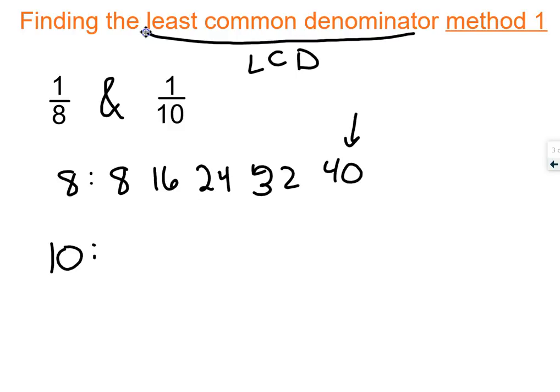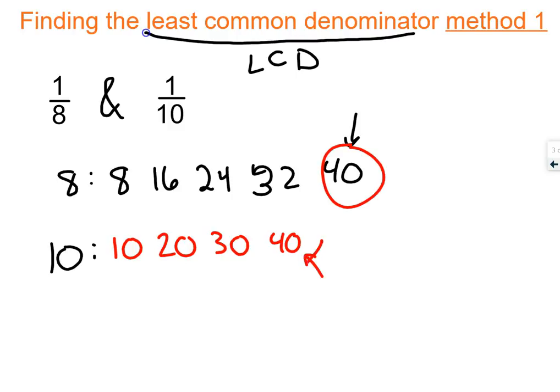If we move to 10, 10 times 1 is 10, 10 times 2 is 20, and so forth, until you reach a number where you think the numbers have a commonality. 8 can multiply into 40, and 10 can multiply into 40. We have just found the smallest number that both 8 and 10 multiply into, finding the least common denominator.